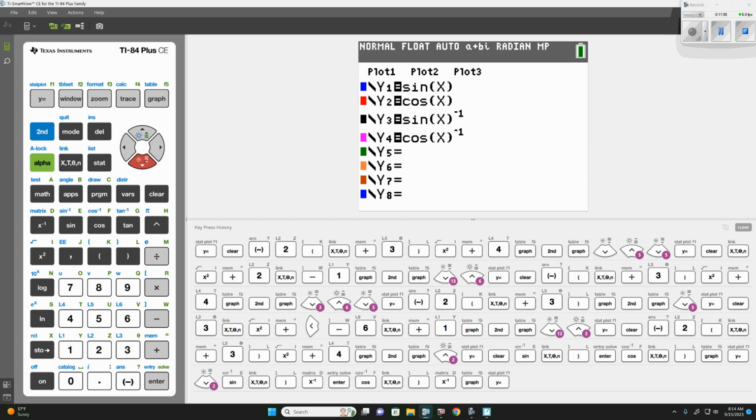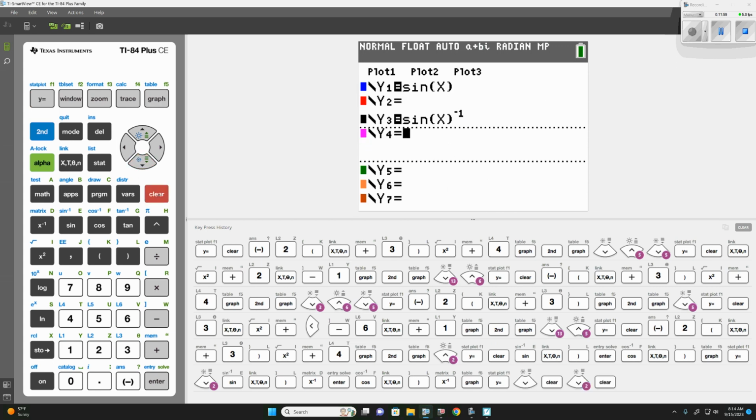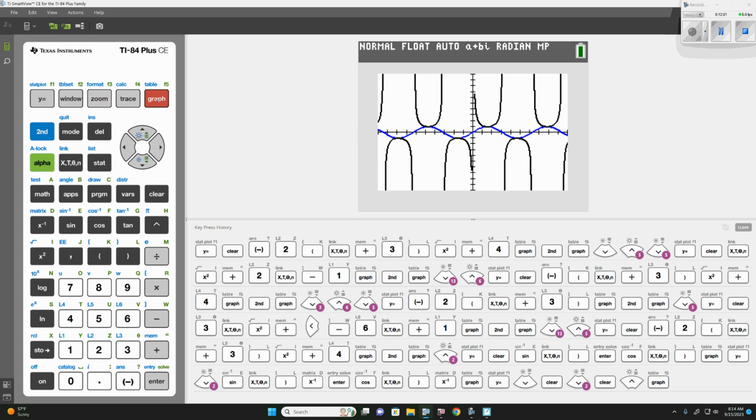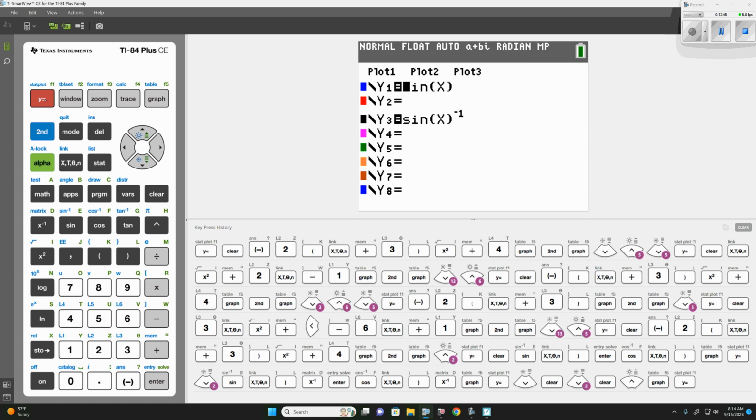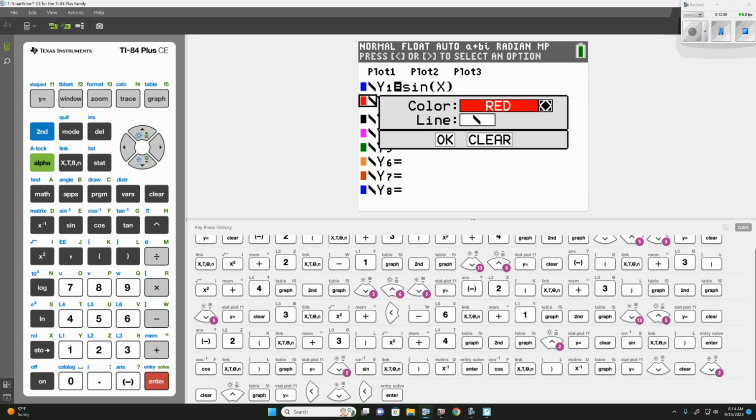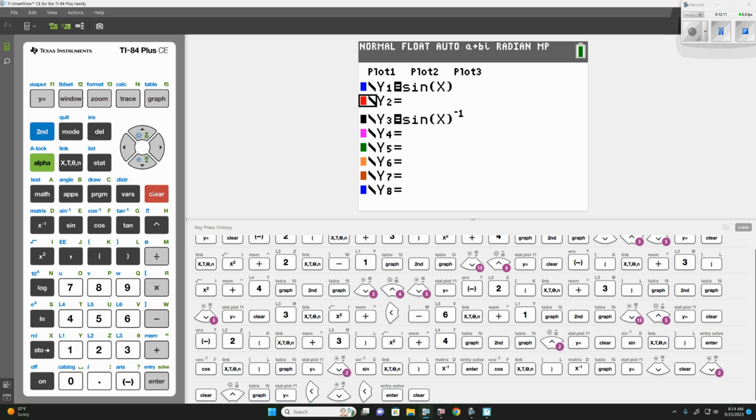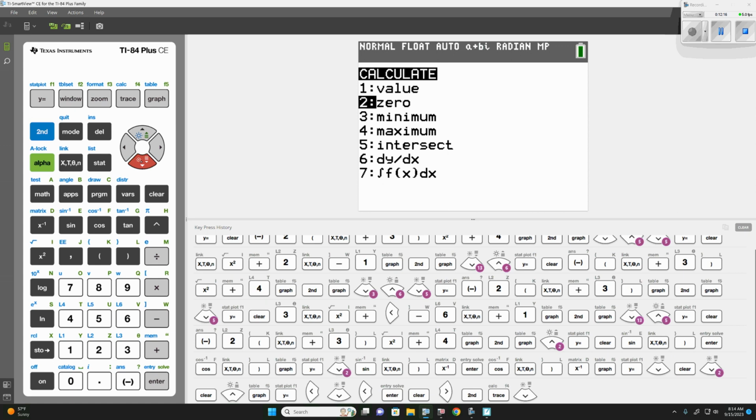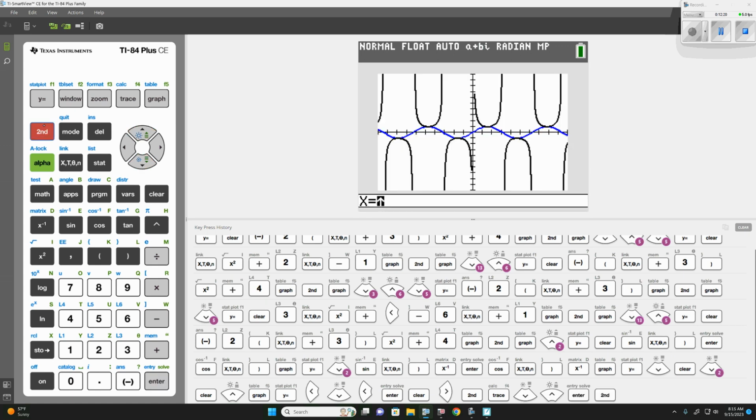So let me clear this out and graph. So we have this here. I'd have to go back and remember how to do it, but second, calculate value, second, pi.